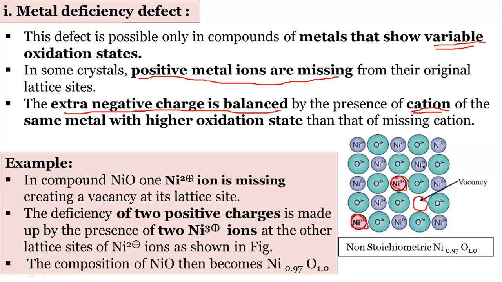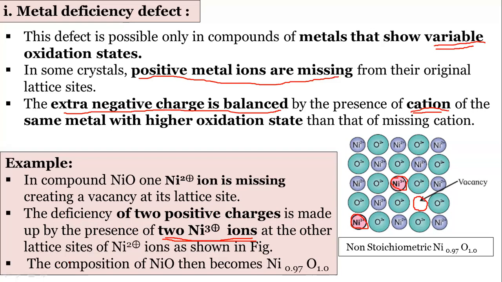We can see here O2-, Ni2+, O2-. So one Ni2+ ion is missing, and to balance the negative charge, what will happen? There is a deficiency of two positive charges, since Ni2+ means two positive charges. This deficiency is fulfilled by two Ni3+ ions.